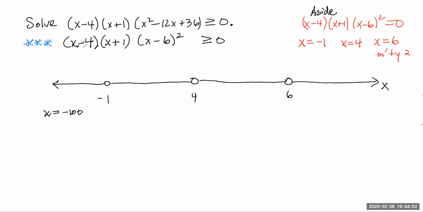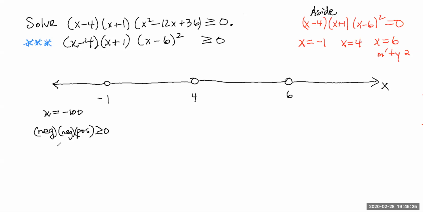I only care that that is negative. -100 plus 1 is still negative. And then -100 minus 6 is -106, but then you square it, and that will always be positive. So a negative times a positive is actually positive. So that is actually true.